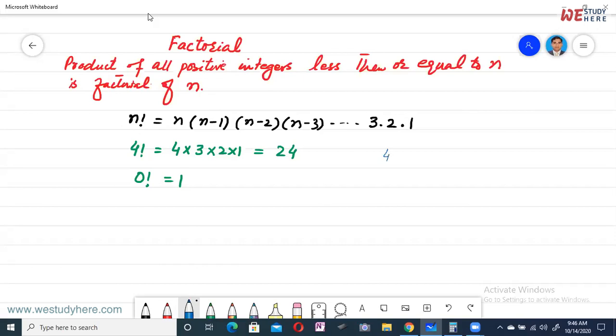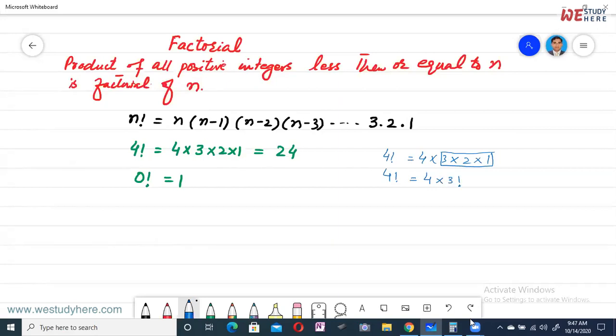As we have written, 4 factorial we can write as 4 into 3 into 2 into 1. 3 factorial is 3 into 2 into 1, so we can write 4 factorial as 4 into 3 factorial.